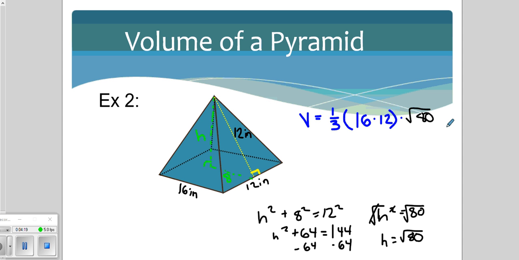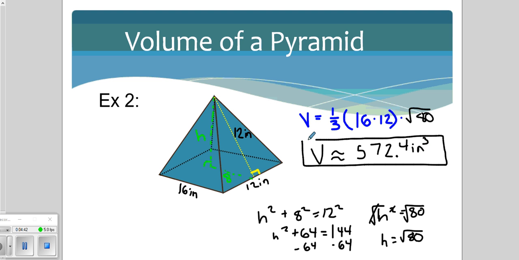So 1/3 times 16 times 12 times the square root of 80. And we'll continue rounding to the nearest tenth as we have most of the time this unit. So 572.4. And then inches cubed would be the unit. All right?